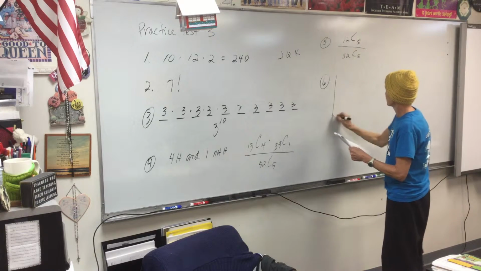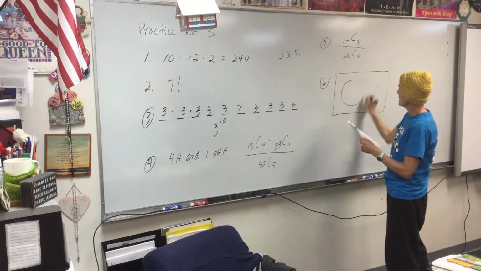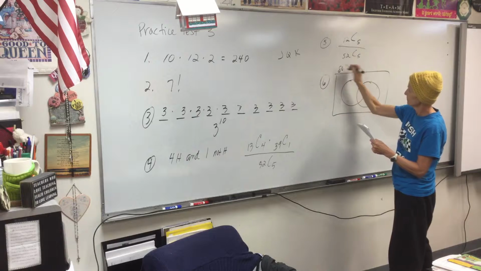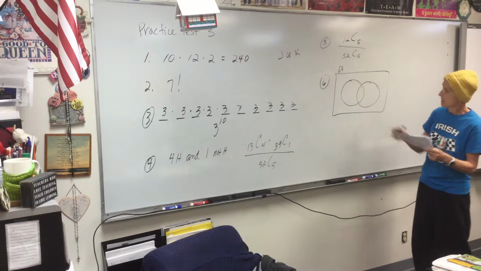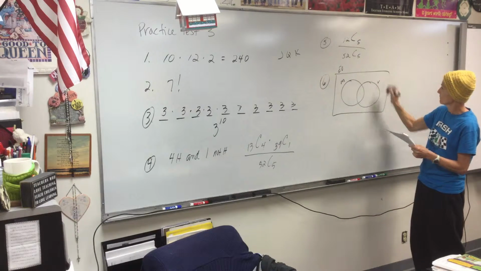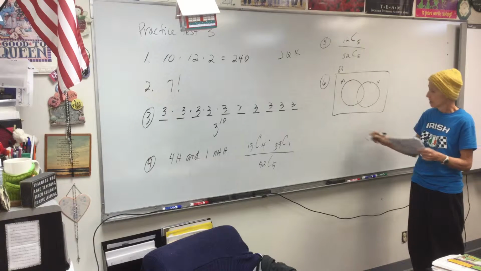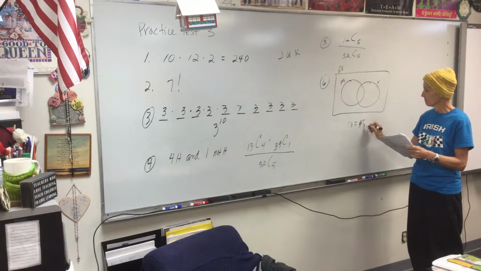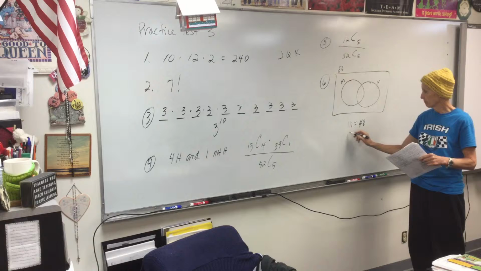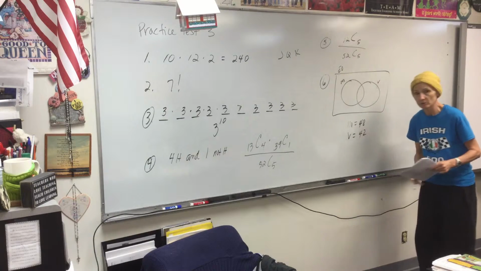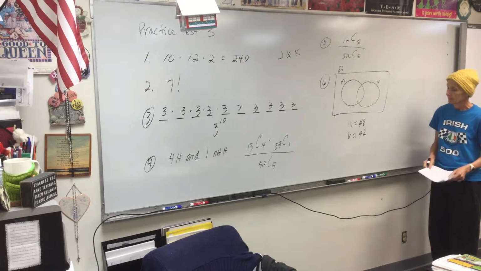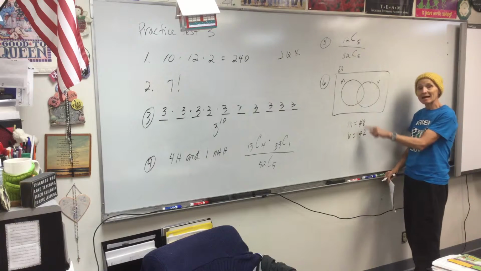Number 6. I have 80 seniors all together. All of them enjoy matrices or vectors. 48 say they love matrices, and 42 say they love vectors. All right, that's 90 votes.